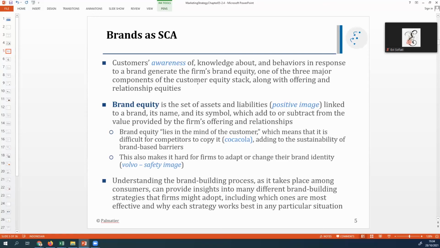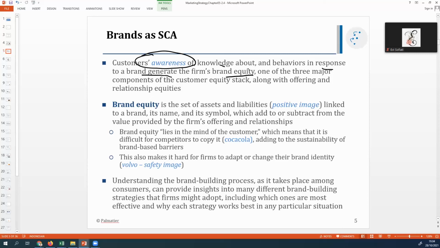So we need to make sure of customer awareness, their knowledge of the product, in response to the brand, which generates the firm's brand equity.